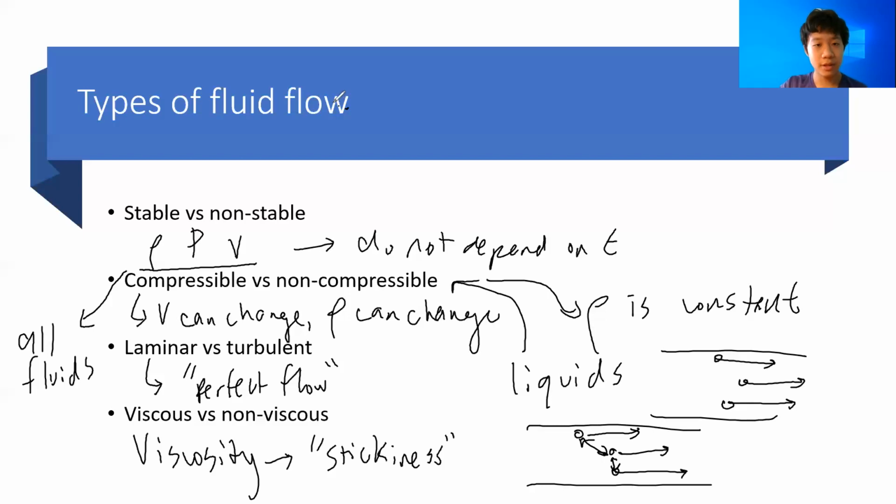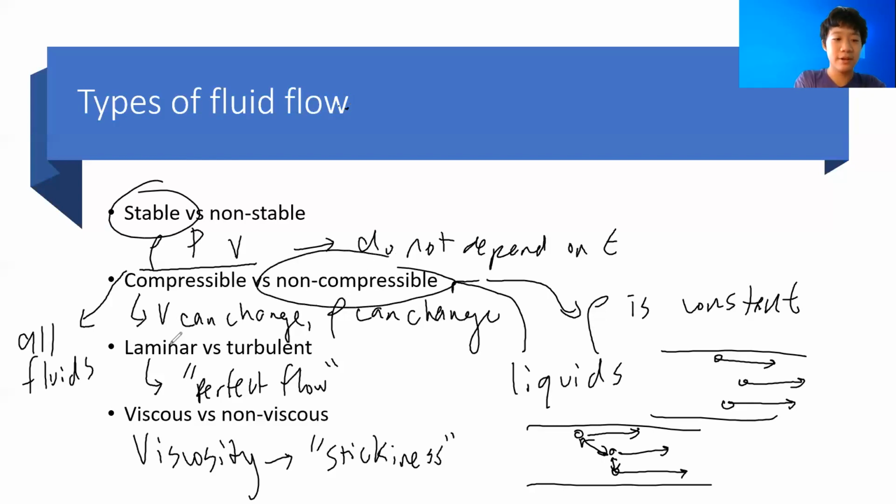So for today's lesson, we will only be looking at specific types of fluids. We're going to be looking at stable flow, non-compressible flow, and laminar flow. Those things have to be constant, because if it was compressible, then density would change. It'll get really complicated, and we would need to know thermodynamics to do that.